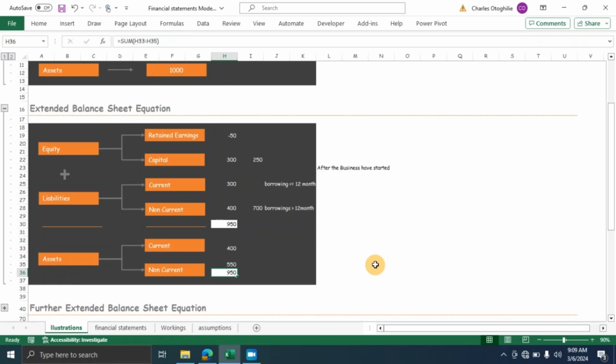So it's usually ideal, like I mentioned, that you should be using your current liabilities to finance your current assets, and the non-current liabilities to finance your non-current assets. That's ideal. But in business and in reality, this might have some little variations, depending on how the finance of the business is managed.